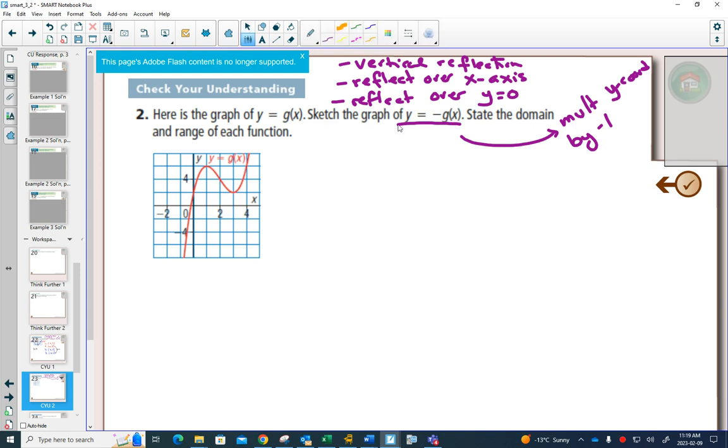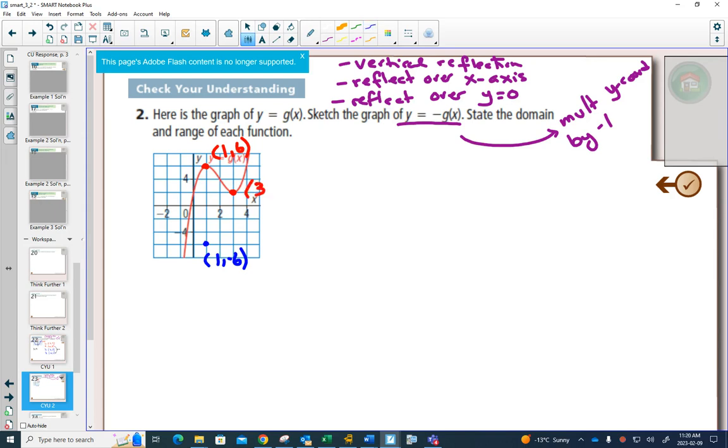So if I wanted to do this graphically, looking at key points, these points, maxes and mins, seem like they would be important. If I look at those points, I have the point 1, 6. And if I reflect that over the x-axis, I would have 1, negative 6.